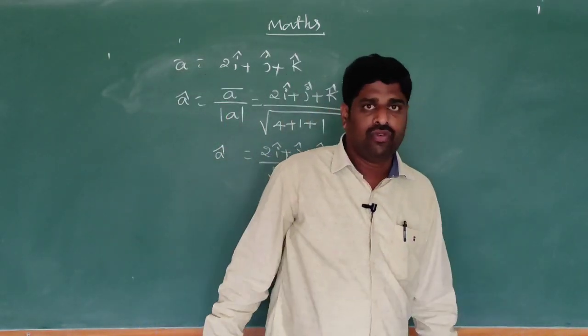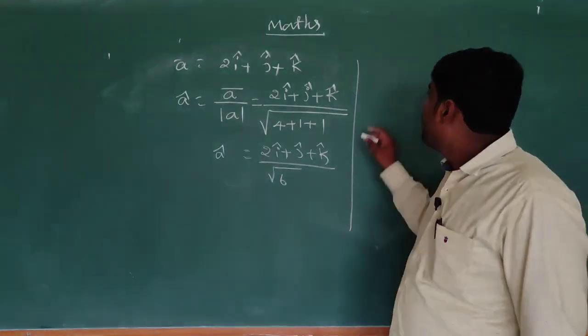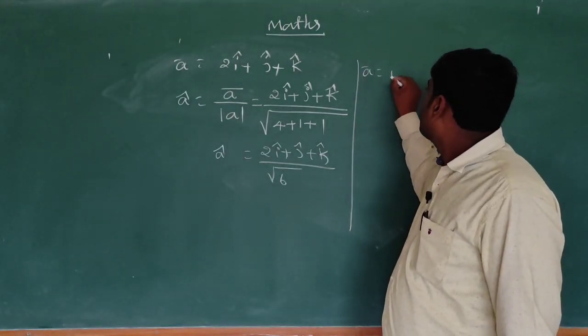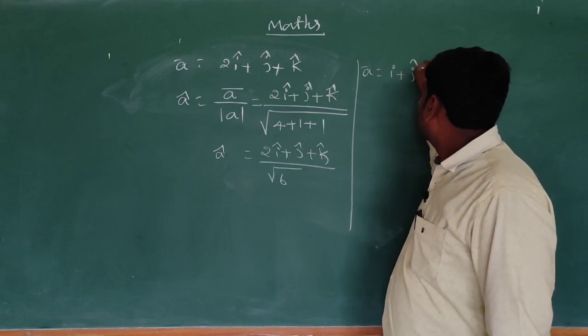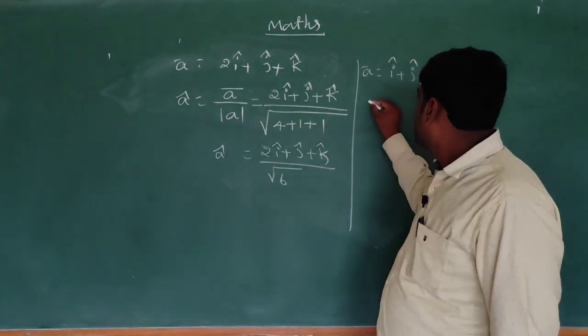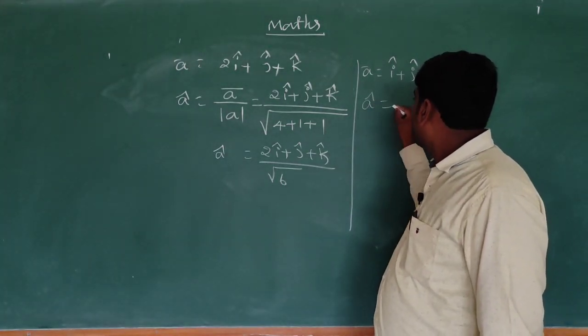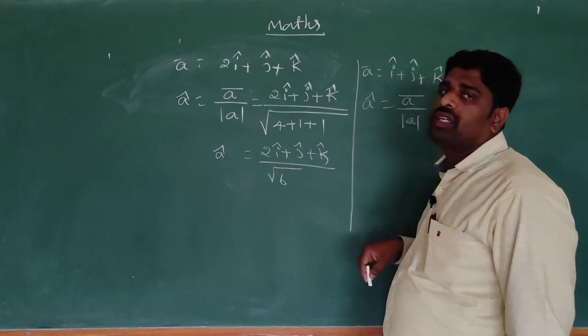So all of you understood. Now take another vector: a bar is equal to i cap plus j cap plus k cap. Now you have to find the unit vector of this vector. a cap is equal to a bar divided by magnitude of a bar.